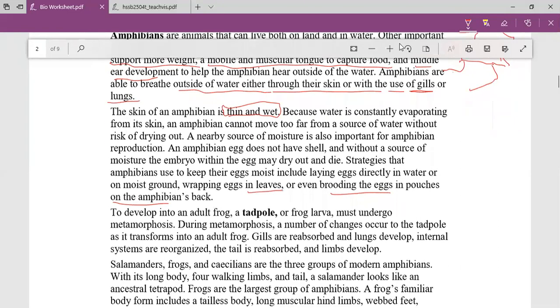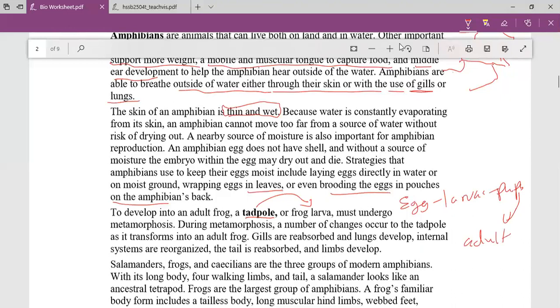Now, to develop into an adult frog, a tadpole, which is another name for the frog larva, goes through metamorphosis. We have complete metamorphosis and incomplete metamorphosis. Complete metamorphosis is when the animal goes from egg to larva to pupa, and then becomes an adult.